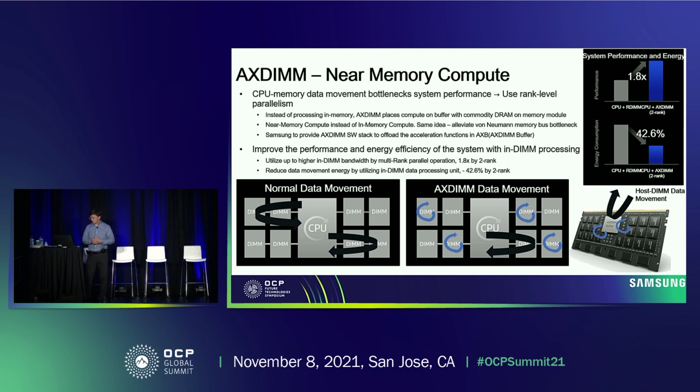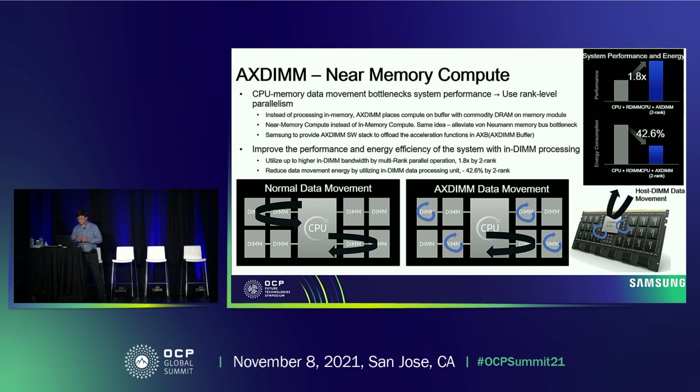So to try to make things simpler, what we do is place a data buffer that would see the data locally on the module itself and do the acceleration there. So the compute element would be in this data buffer as opposed to being in the memory device itself. The idea is still the same, right?